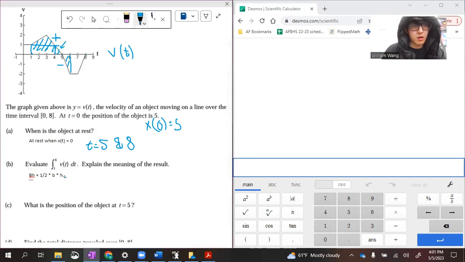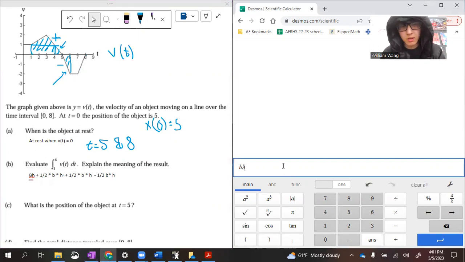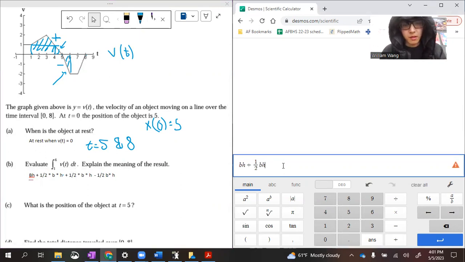So it's another 1/2 times base times height. Then finally, this triangle right here is actually minus. I'm subtracting that triangle, right? So it's minus 1/2 base times height. All right. So a lot to write. I just wanted to have it down. Let me type it into my Desmos.